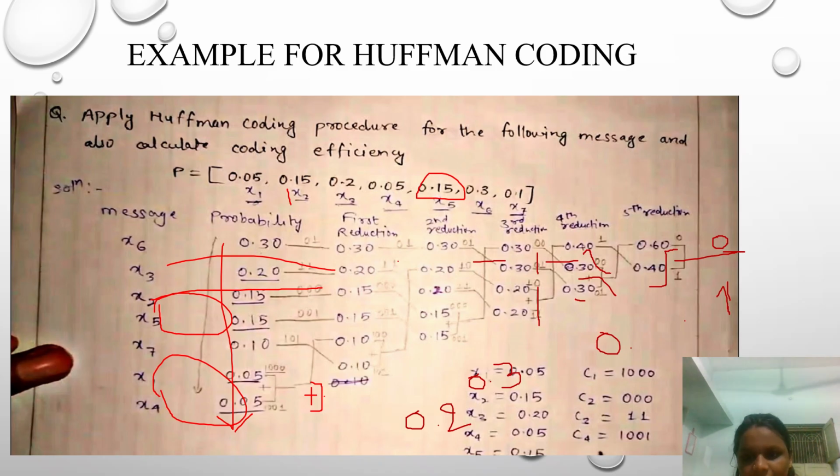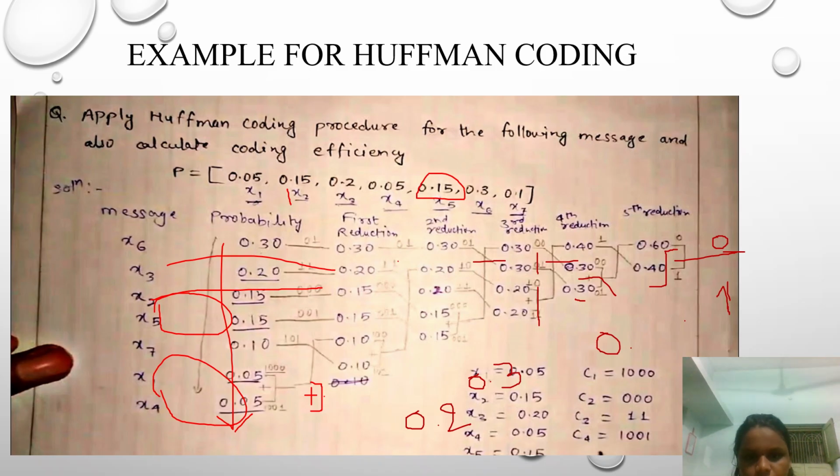And here 0.3 is the sum of 0.15 and 0.15. So here the code is 0 0, and we are assigning 0 0 0 and 0 0 1 as the codes, and also assigning 0 and 1 for this one because the sum is done here.